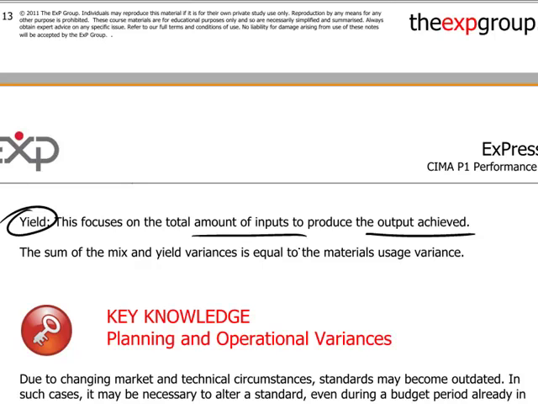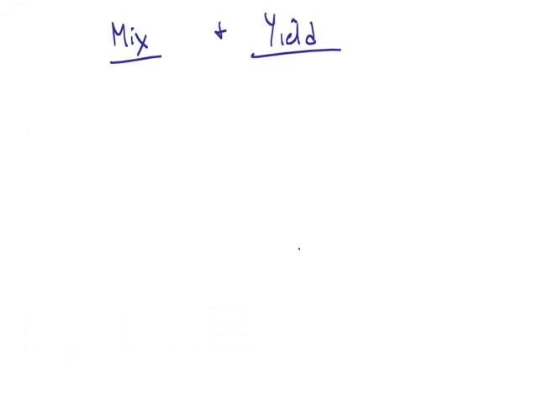So we're separating out the impacts of the mix, the proportion of the two ingredients that go into the product, and the yield. Yield is a term normally applied to output achieved in agriculture, for example. So we're looking at the relationship between outputs and inputs. The best way to appreciate the mix and yield is to look at a numerical example.